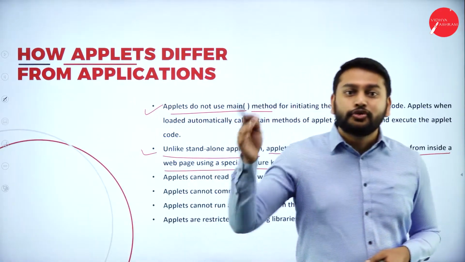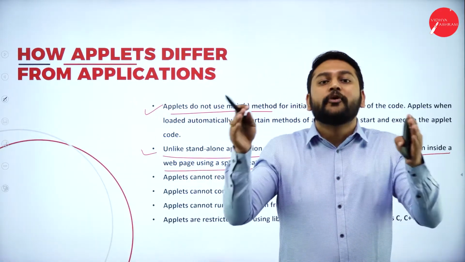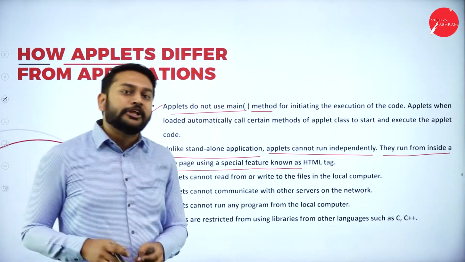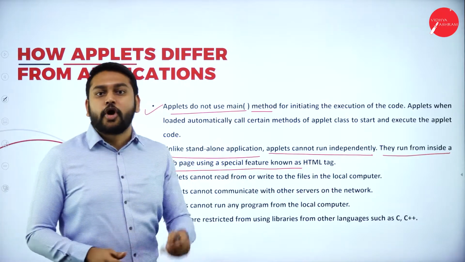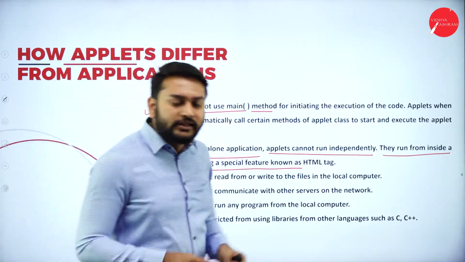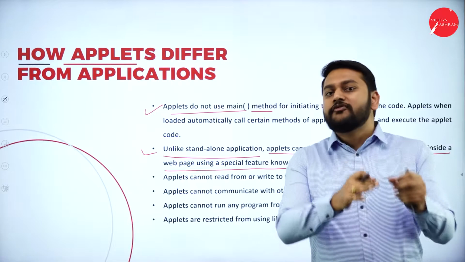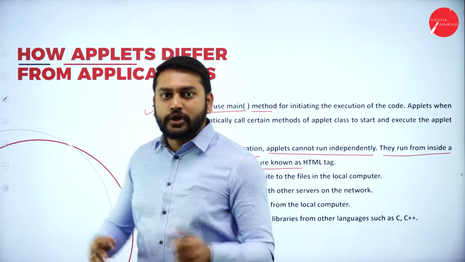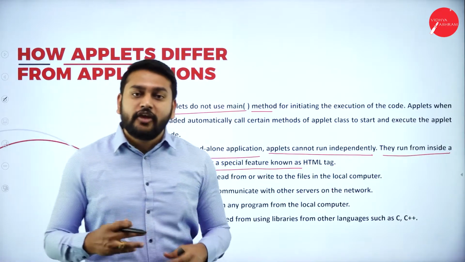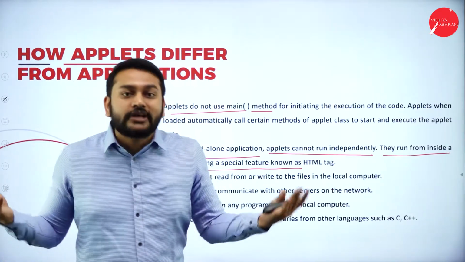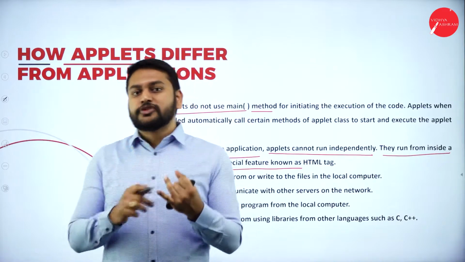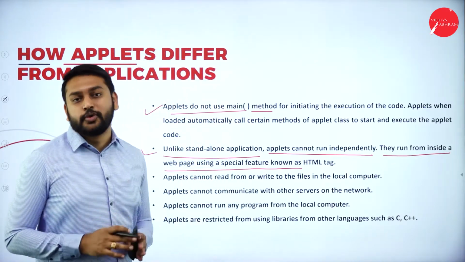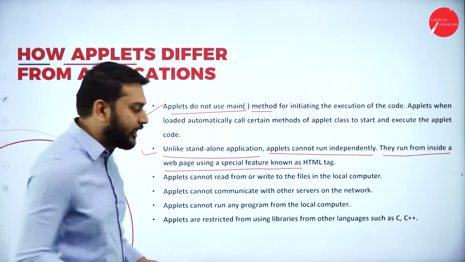I will be able to run the applet with the help of the browser, especially with the HTML tags, is what you need to remember. And also I need the support of the applet viewer. There is something called Applet Viewer, which I will be speaking about in detail in the coming sessions. So guys, one thing you need to understand, if I want to run the applet, what is that I need? I need two things. First one is the web page and the HTML tag, and the second one that I have is the applet viewer. So fine, you understood the second point.